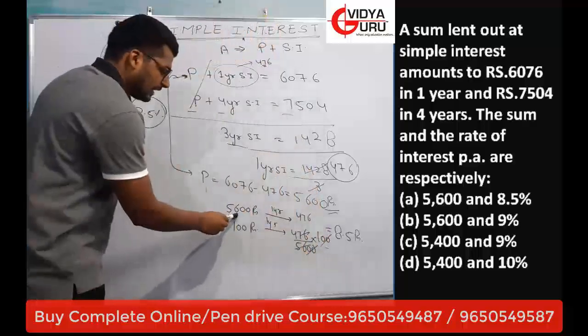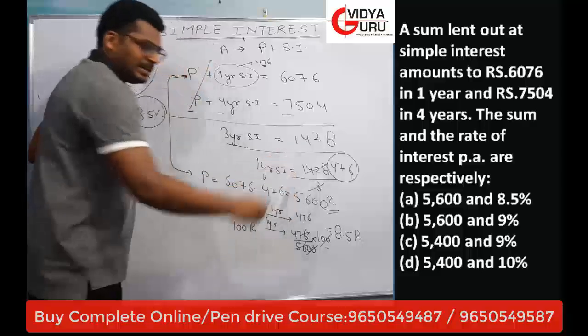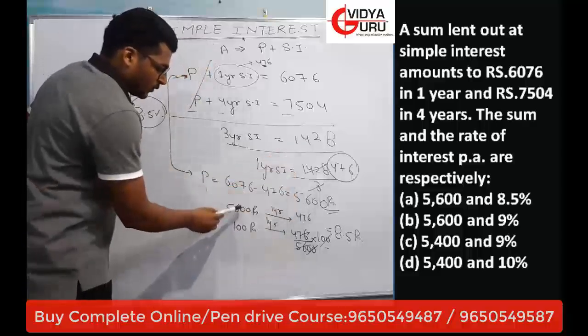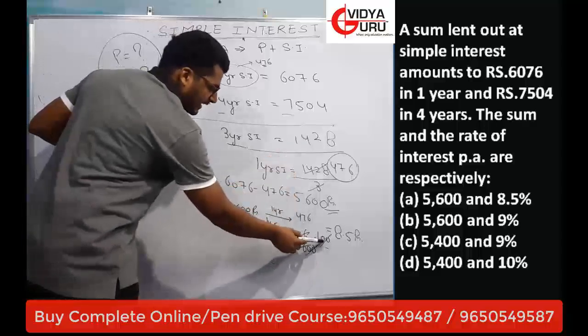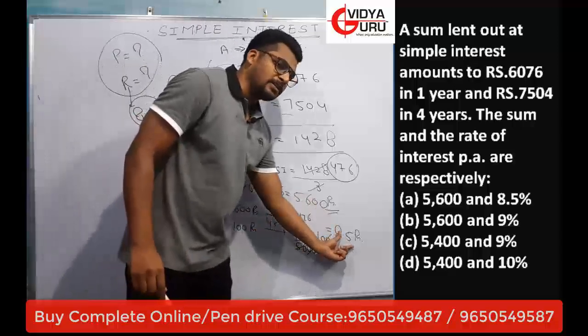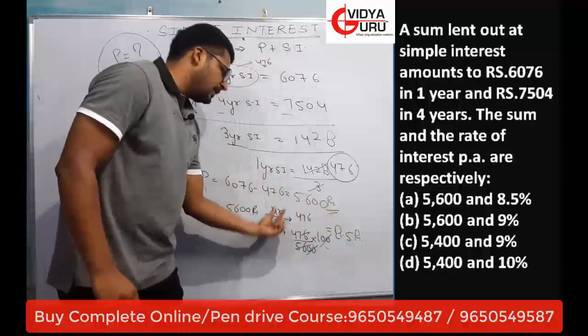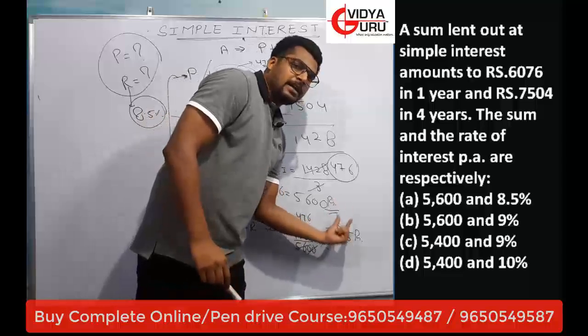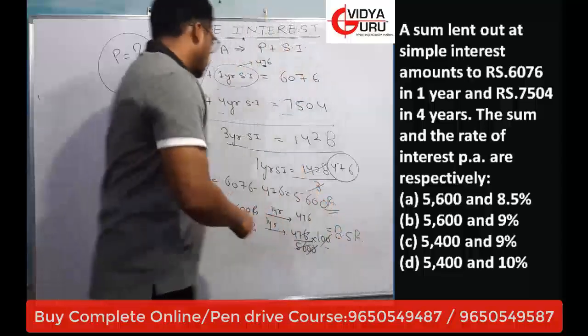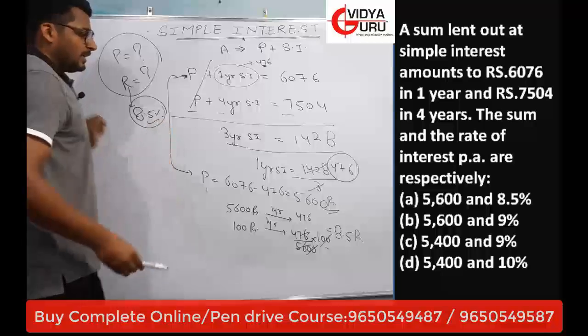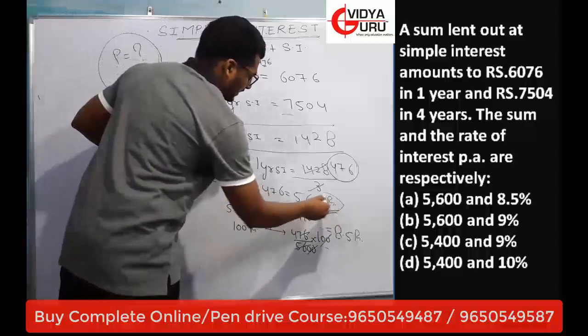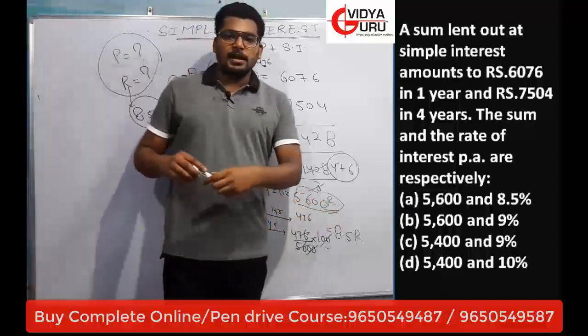On 5600, amount paid was 476 rupees. So on 100 rupees it will be 476 by 56, which comes to 8.5 rupees. That means on 100 rupees in 1 year I am paying 8.5 rupees. It is nothing but rate. So our rate is 8.5% and our principal is 5600 rupees. So option number A will be correct.